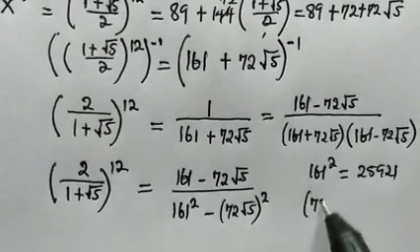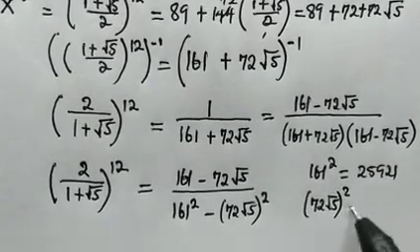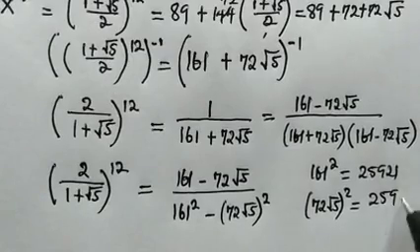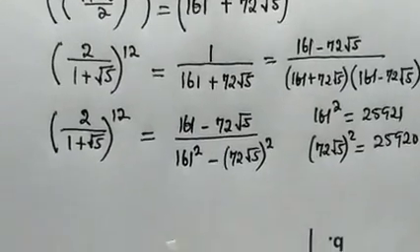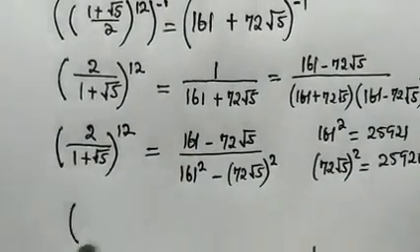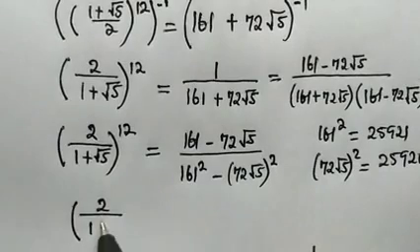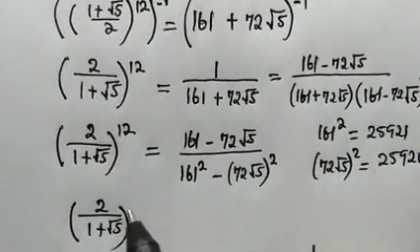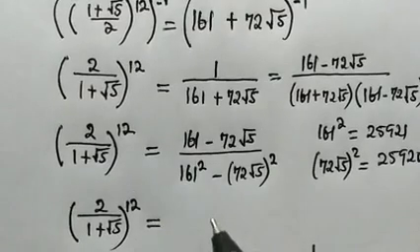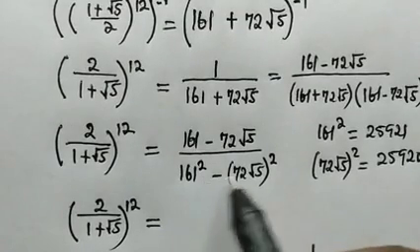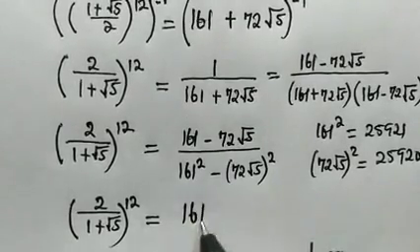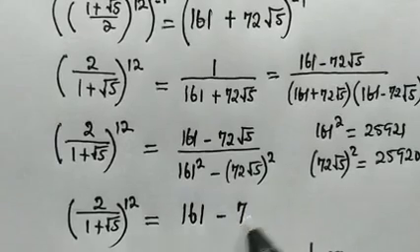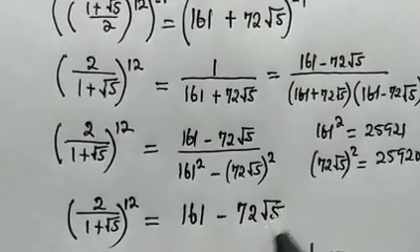And the 72 root of 5 squared is equal to 25920. So their difference is just 1. So here we have our solution. That 2 divided by 1 plus root 5 to the power of 12 is just equal to, remember the difference here is just 1, so we just have the numerator as our answer, 161 minus 72 root of 5.